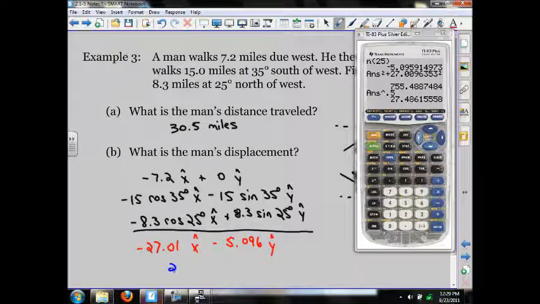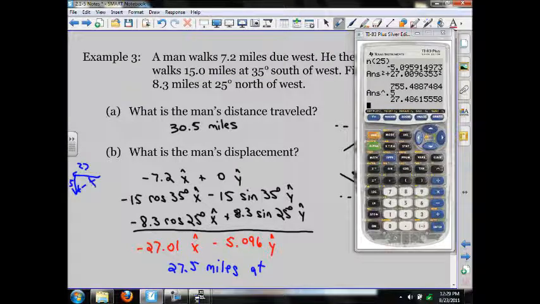I'm getting 27.5 miles. For the angle, it's usually best to just draw a quick picture, 27 that way, 5-ish down.